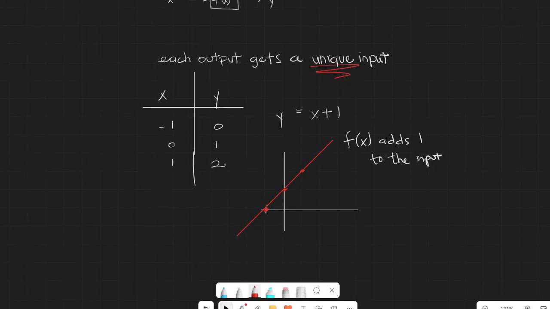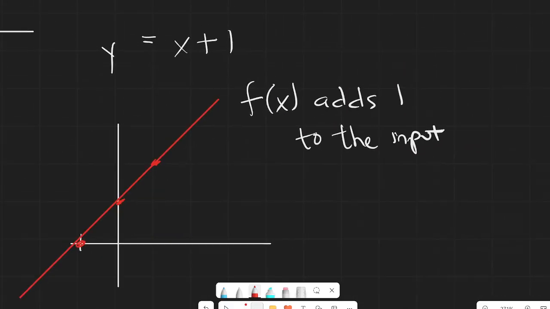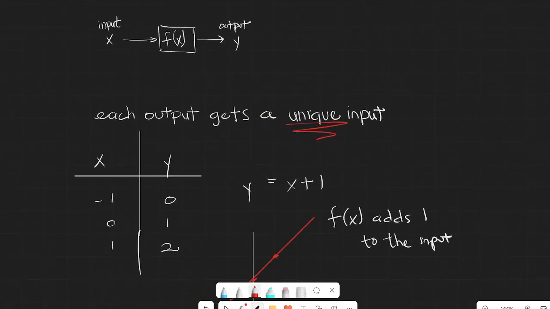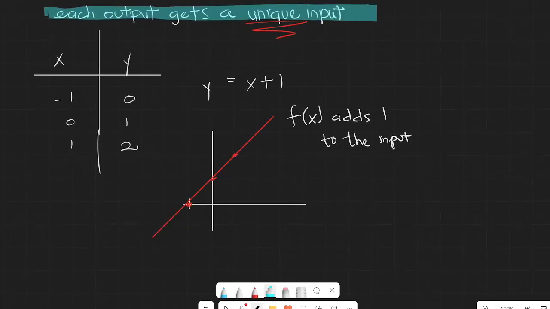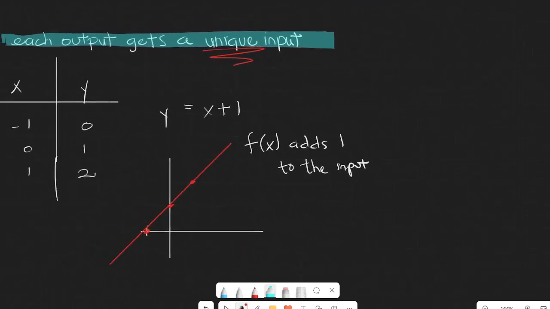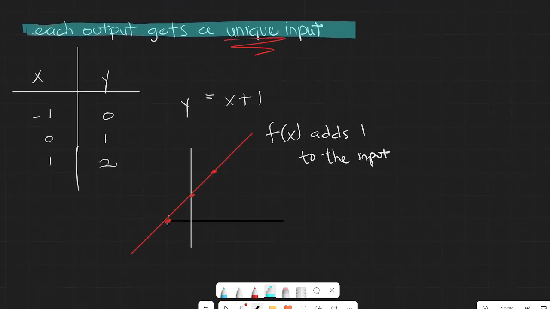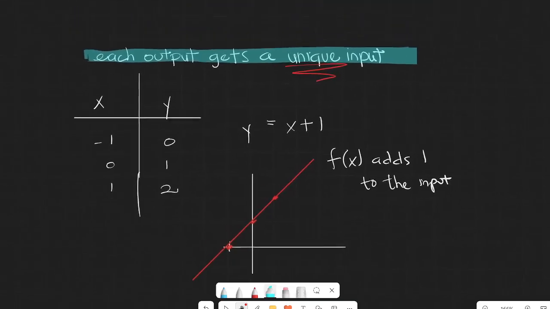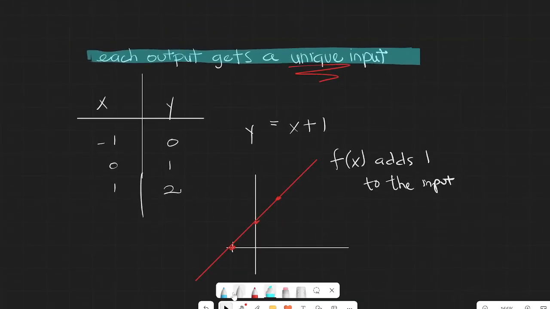But we can also see that according to our definition here about each output getting a unique input, that means the outputs don't have to share an input. And I'll draw a picture about what that means here in a second. That means it is a function. So this is indeed a function because every y value has a unique x value.